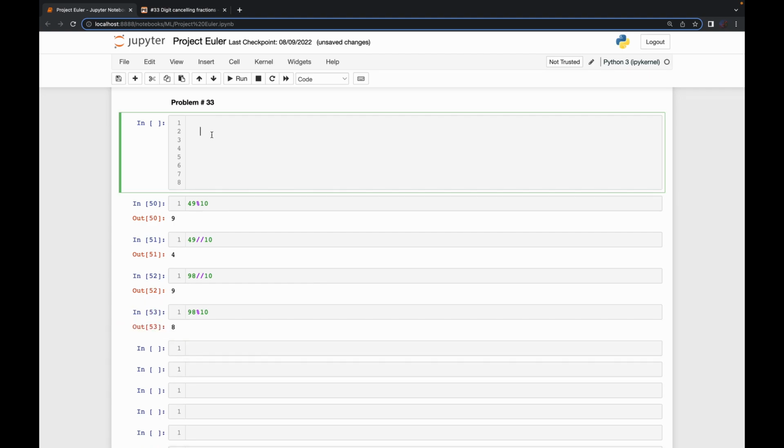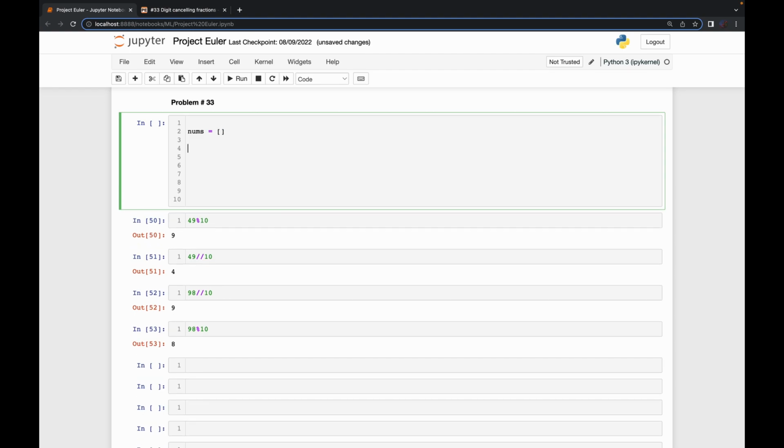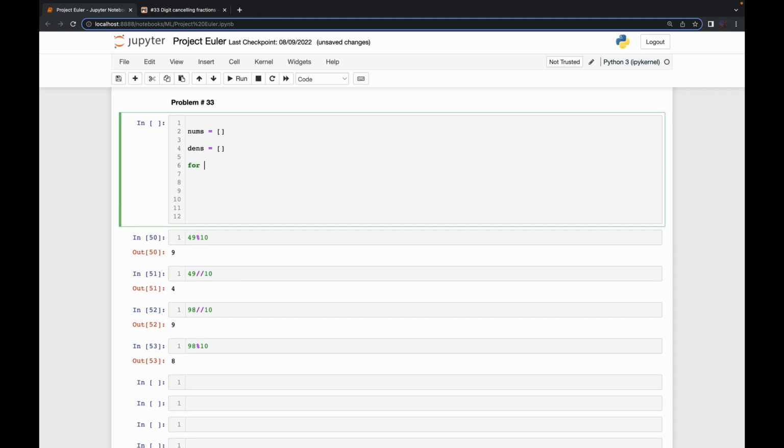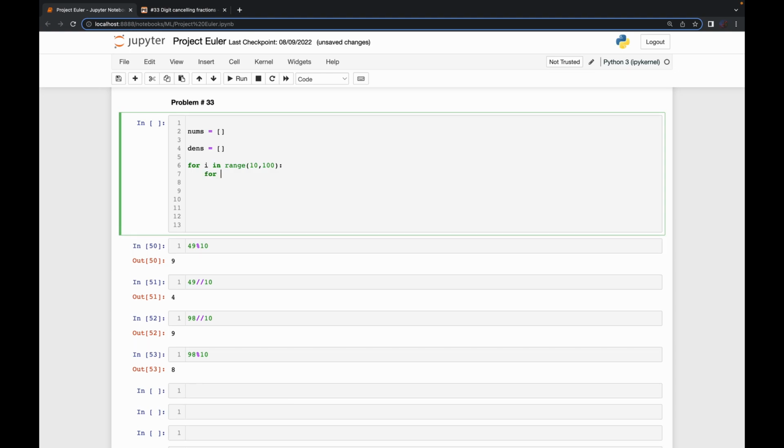Okay, so now let's create a loop. I'll make a numerator list and a denominator list, then try this for i in range 10 to 100, for j in range 10 to 100. Actually, instead of starting j from 10, we can start from i plus 1, because the fraction should be less than 1, as the problem asked.